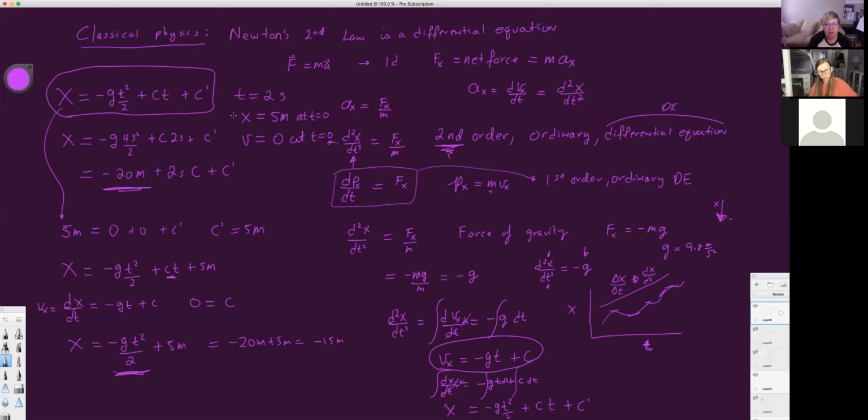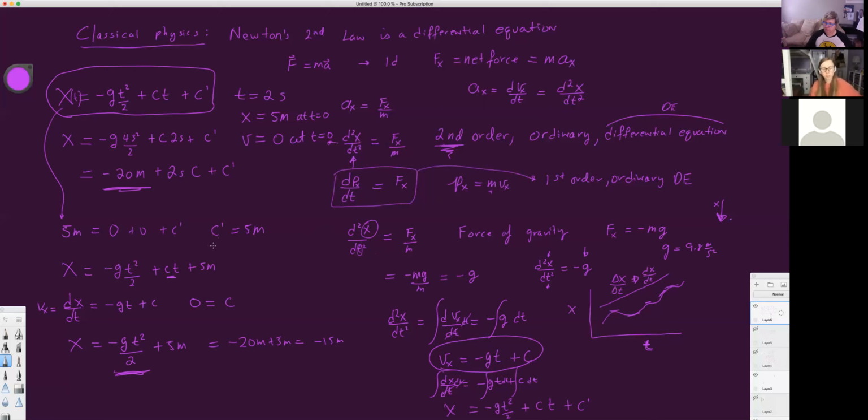Otherwise, they're not complete and you can't use them for anything. You can get the form of what the solution for x is going to look like. In a differential equation like this, you're after x as a function of t. So this really I could write as x of t, but it's not complete without those boundary conditions or initial conditions.